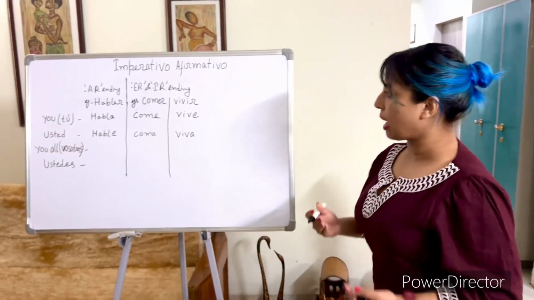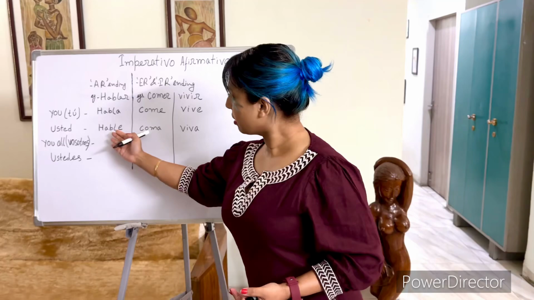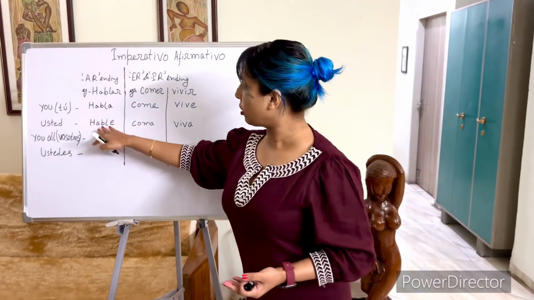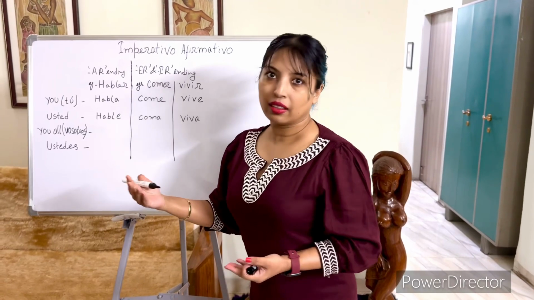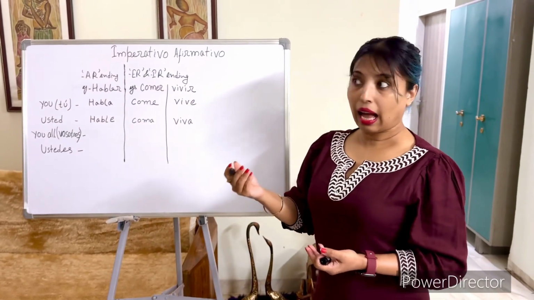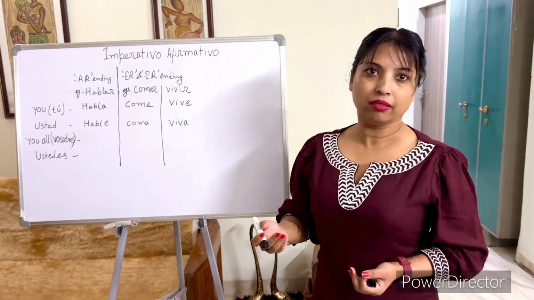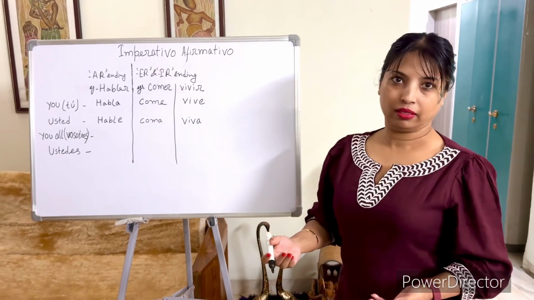Suppose I am talking to an elder and I want to say "speak", then I would say hable. And if I am talking to my friend, I will say habla, speak, habla.